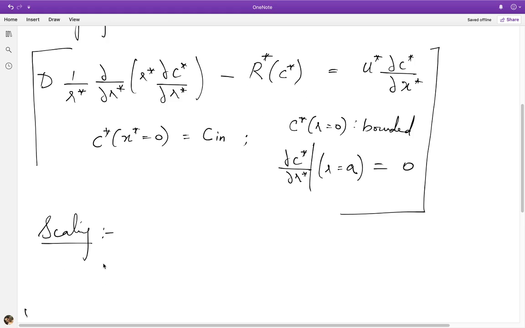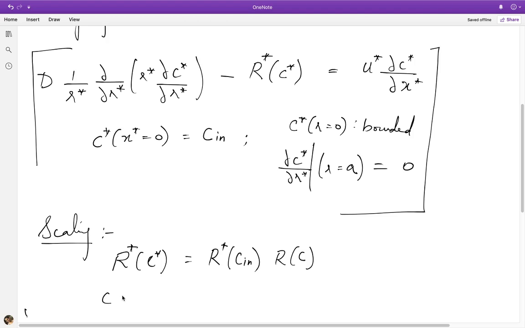Okay, so what I'm going to do is introduce a non-dimensionalization of this rate term in the following fashion. I'm going to say that the dimensional rate that I have written here can be written as this rate expression evaluated at the inlet concentration C in, times a non-dimensional R of C, where C is non-dimensional.